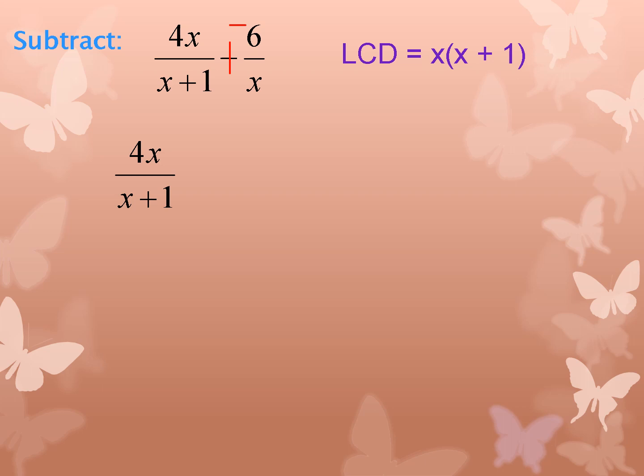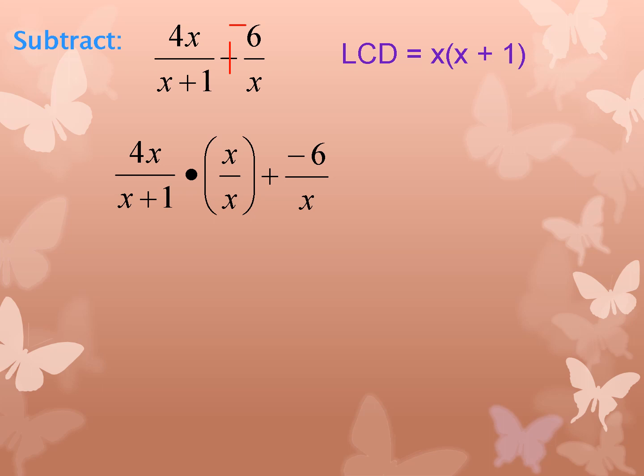But it's not enough to multiply the bottom, you've got to multiply the top as well, because x over x is a fancy form of 1. So we're not changing the value of that expression, just how it looks. Now, for the plus a -6 over x, we're missing the x plus 1.